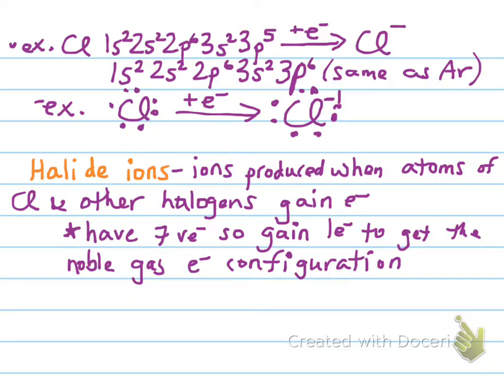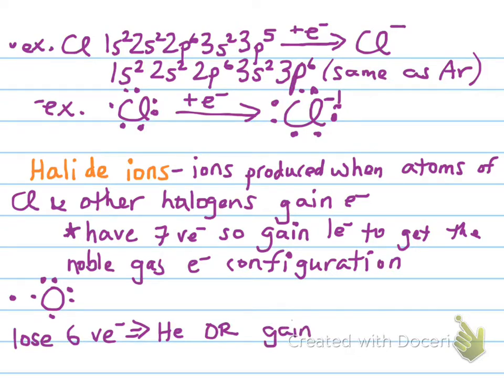All right, to look at one final example, we're going to look at an oxygen atom, which has 6 valence electrons because it's in group 6A. So remember, oxygen's choices are it could lose those 6 valence electrons to become like helium, or it can gain 2 valence electrons to become like neon.